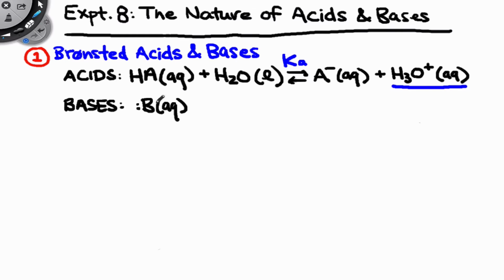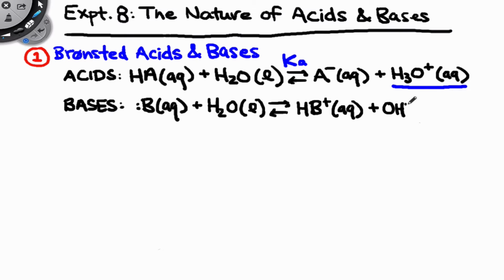So for example, a Bronsted base B, which has a lone pair which can accept a proton, reacts with water when it's placed in aqueous solution, just like the acid reacts with water, to form, not necessarily completely, the conjugate acid of the base, HB+, this is B with an additional proton, as well as the conjugate base of water, which is OH-, also known as hydroxide. And it's the formation of hydroxide in aqueous solution that really signals to us that B is a base.